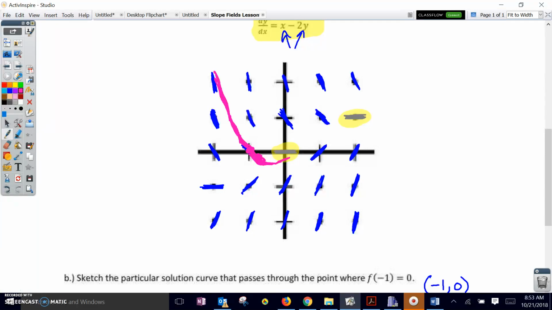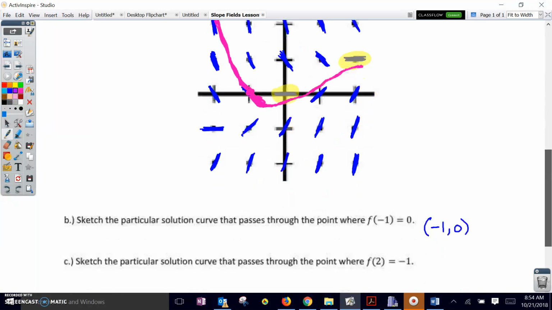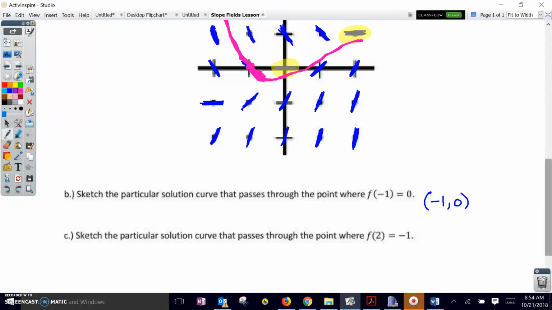And it's going to be a very small positive here. And a bigger positive, and then it starts to level out as we move in this direction. So my solution curve for that should look something like that. Again, this is just a rough sketch, so realize there's some room for interpretation here.